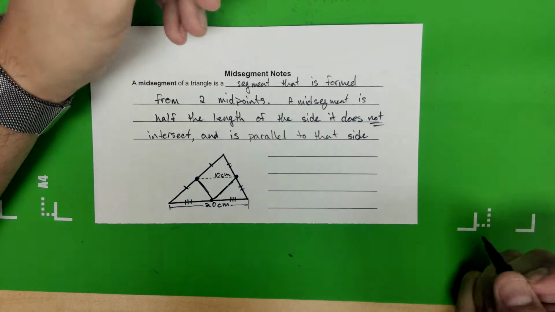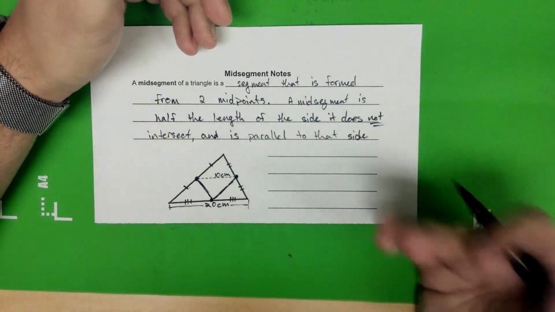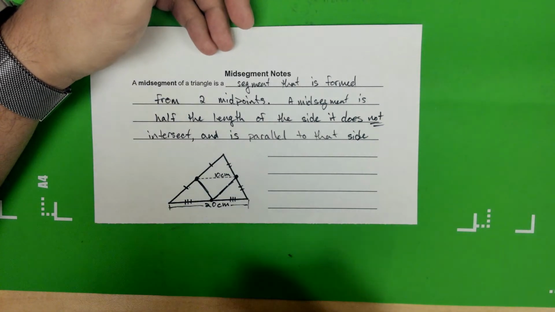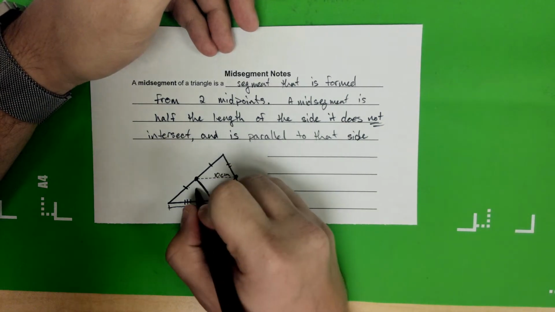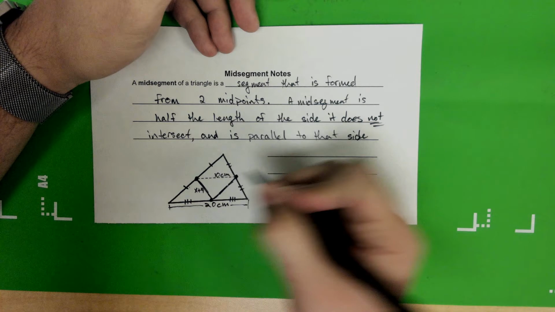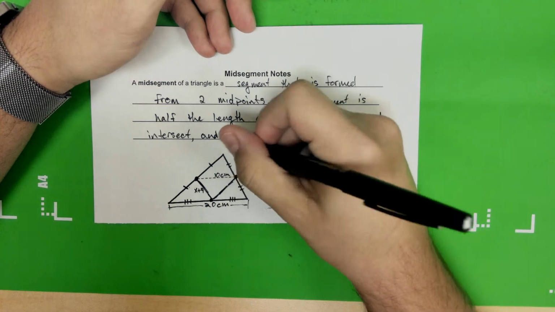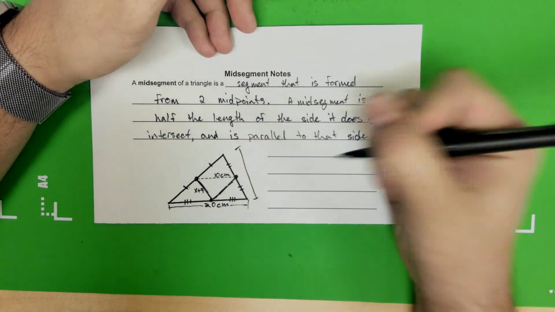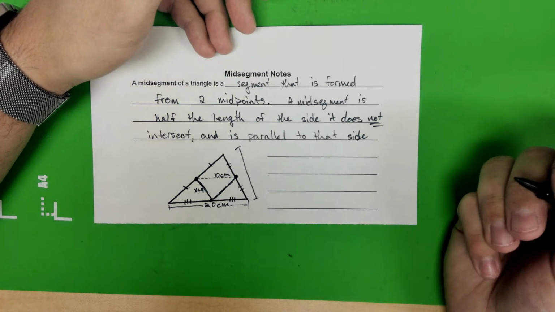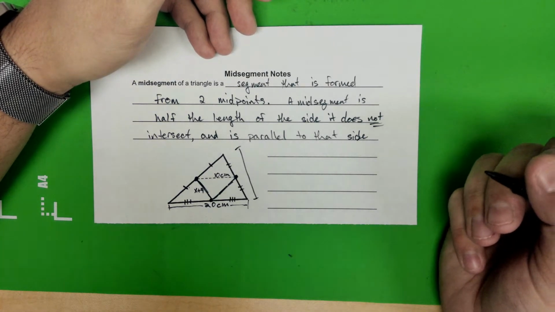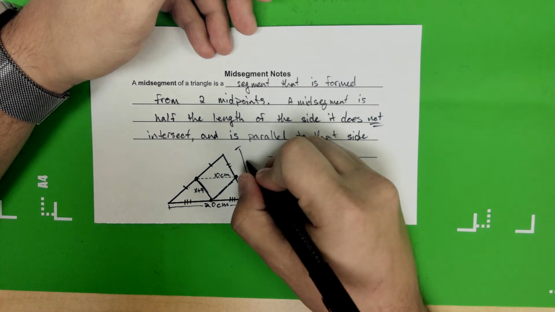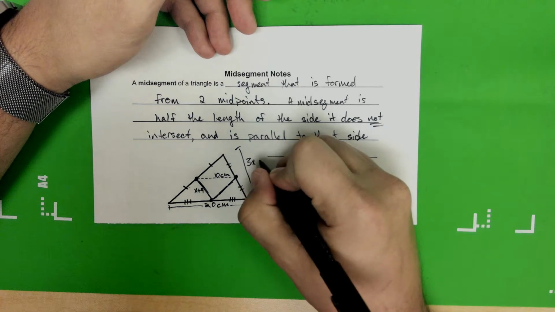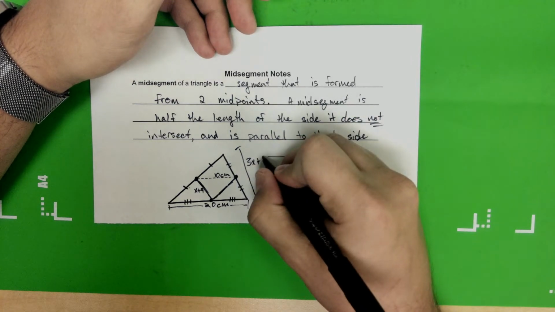So that means that this half is equal to this half. Now, another thing we can do is work in terms of x. Let's say that this is x plus 4, and the whole length over here is 3x plus 8.